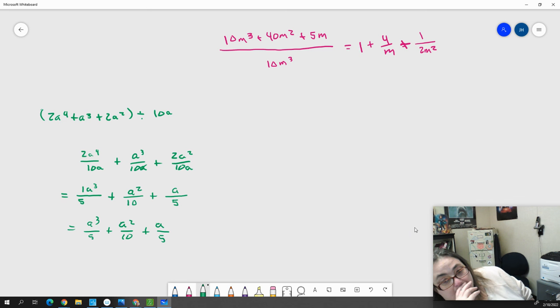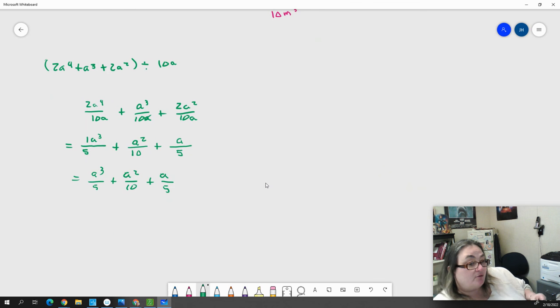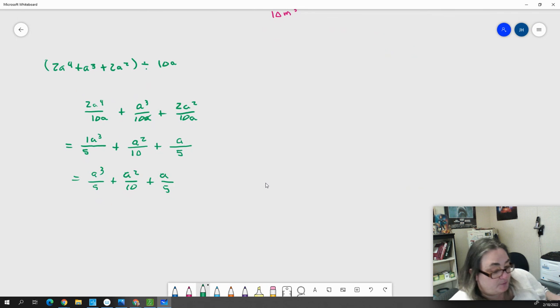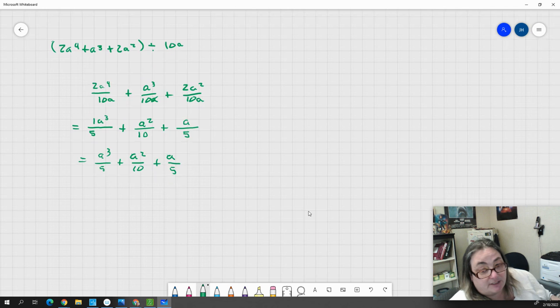When we're dividing a polynomial by another polynomial, meaning more than one piece, usually a binomial, 2 pieces, it's going to work differently. We're going to have to use actual long division.